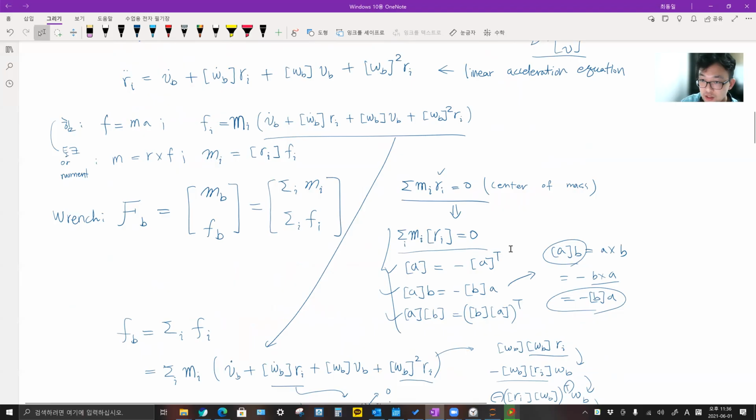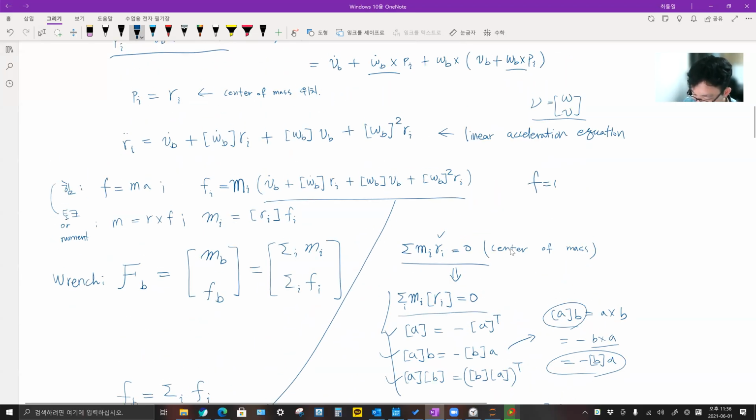And force is ma, so we can multiply the mass here. And in the case of torque, in the modern robotics textbook, we usually use the M symbol to indicate torque. Torque, sometimes we call this moment. So using this M, we describe the torque, M equals r cross product F.